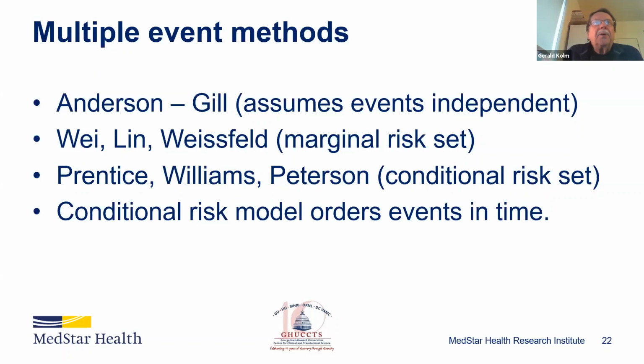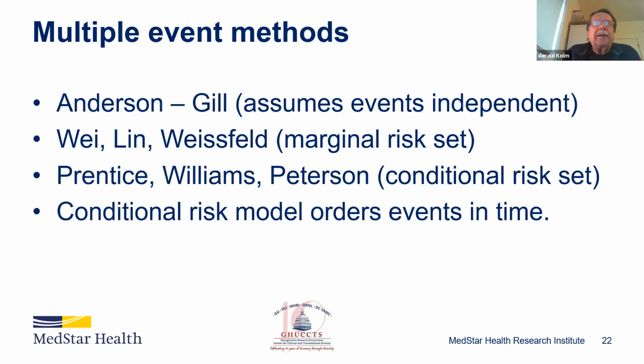So the other two here, also referred to as the marginal risk set and the conditional risk set, don't assume that the events are independent. The one that we use most of the time in the analysis we do is the last one, where we look at the conditional risk model.